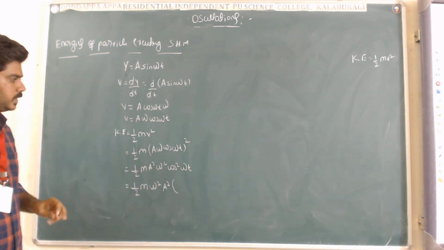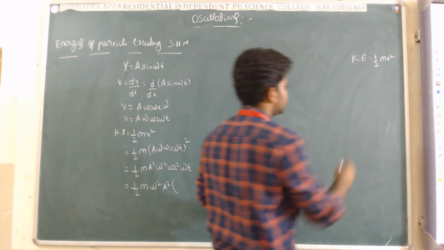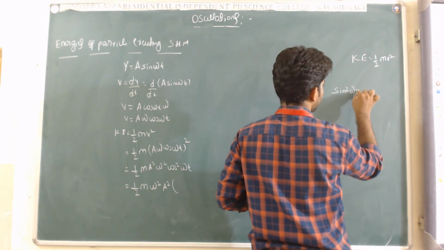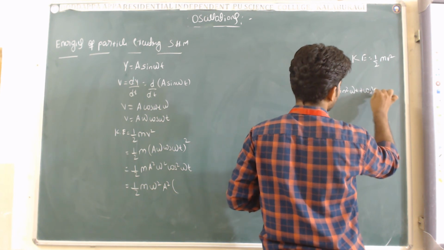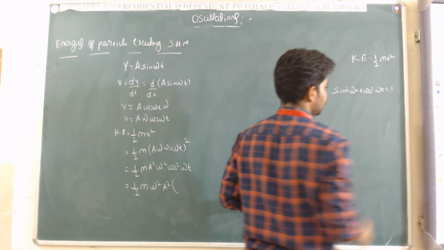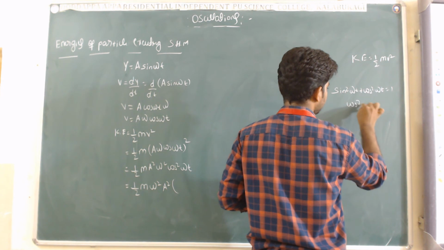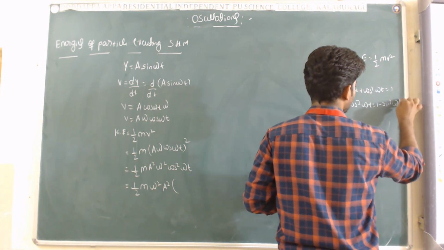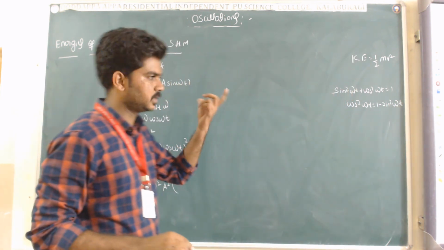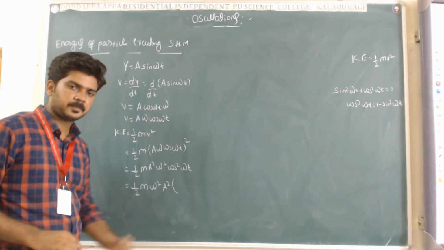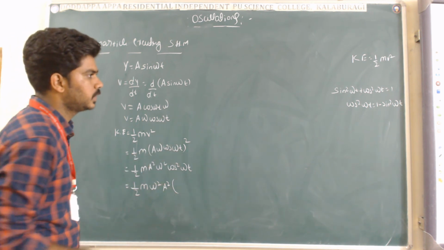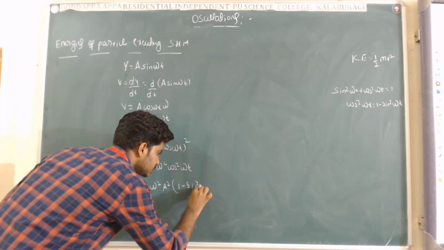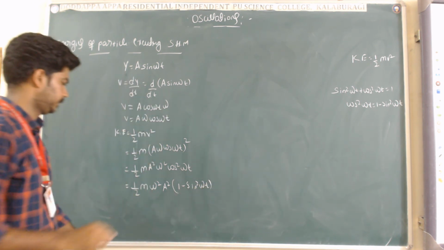So cos square omega t, how can I write? Just using the trigonometric relation, sin square omega t plus cos square omega t is equal to 1, then cos square omega t will be 1 minus sin square omega t. So in place of cos square omega t, I am going to write 1 minus sin square omega t.